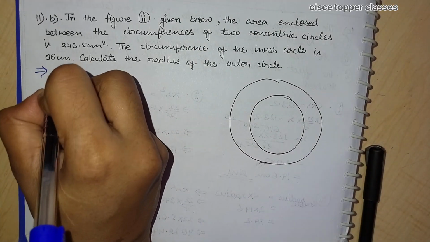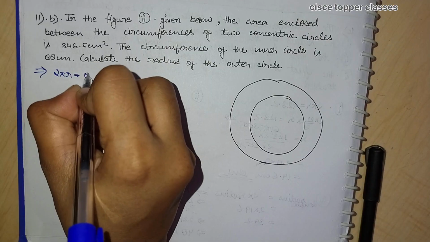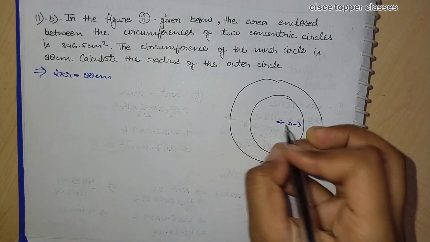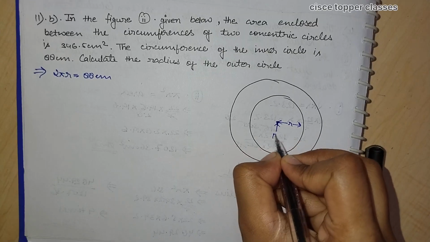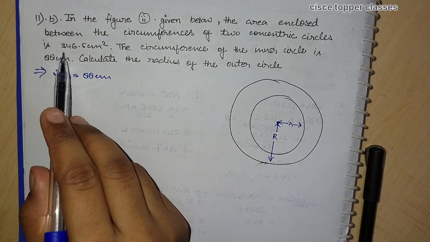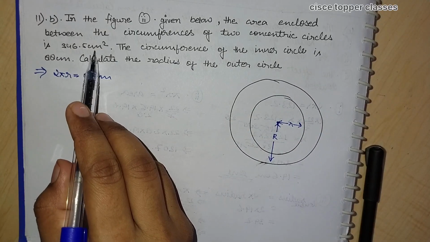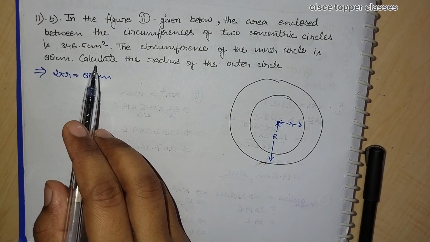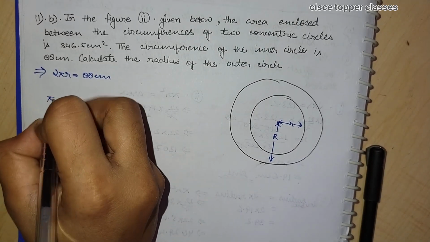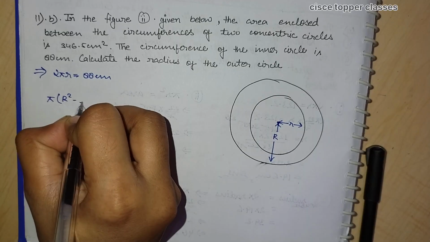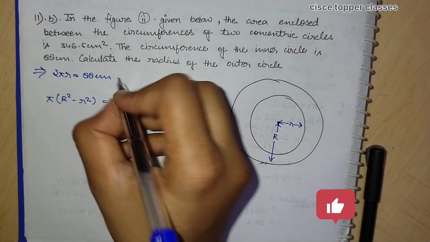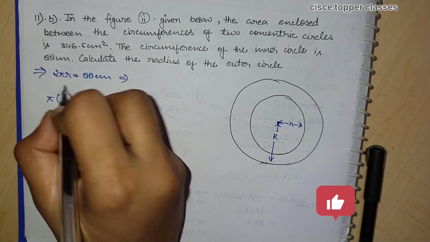So here, let this circumference be 2 pi r as 88 centimeter, and the radius of the inner circle be r, and the radius of the outer circle be capital R. So here the area enclosed between the two concentric circles is 346.5 centimeters square. So we can write again using the formula pi into capital R square minus small r square is equal to 346.5 centimeters square. From here we can find the radius of the inner circle.